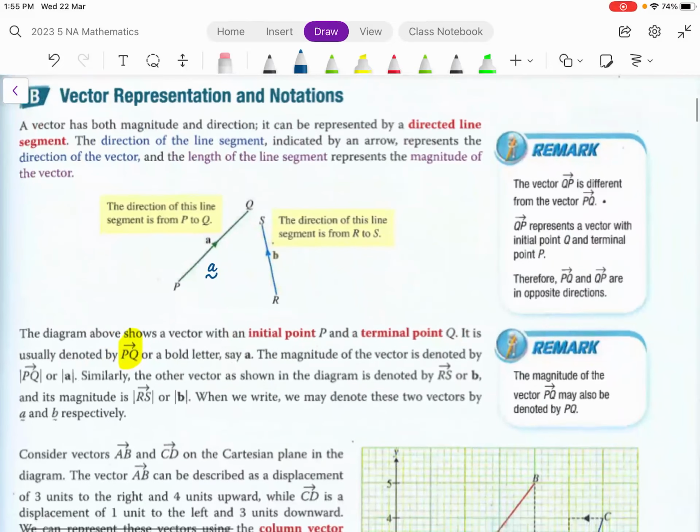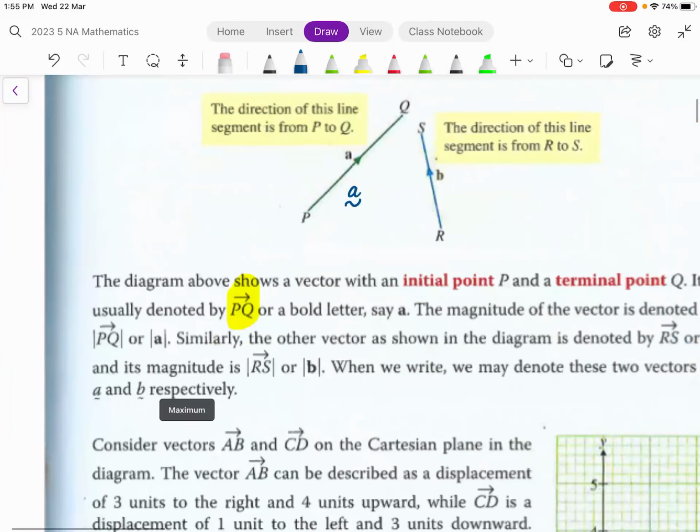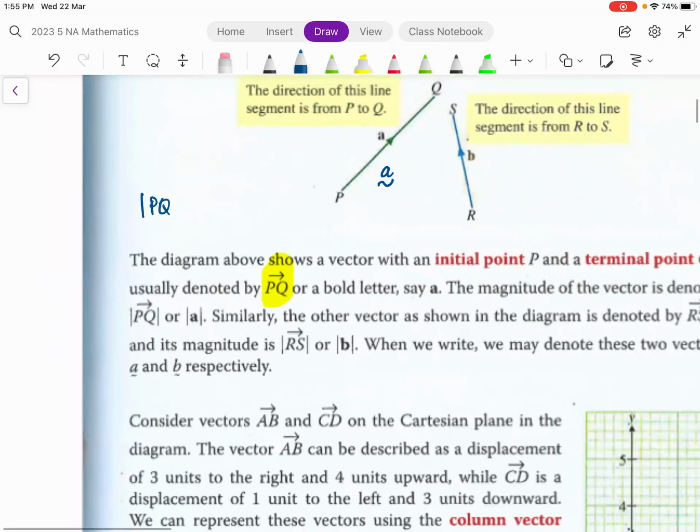Okay, now over here, one more notation. You see these two vertical lines? Either you write it here, you see the vector PQ inside, right? Two vertical lines surrounding the PQ, and another way of writing it is a. The same vertical lines, but when we write it, it will look like this: PQ or a with the worm, like this.